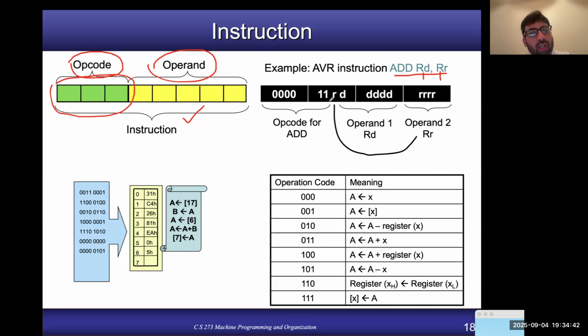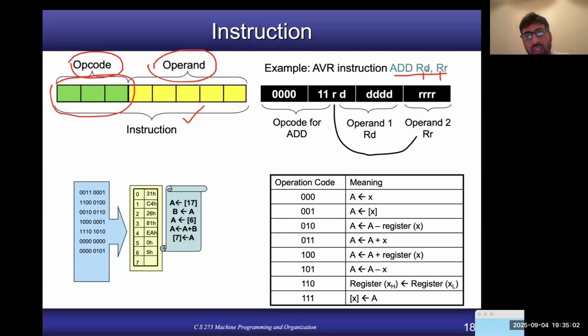It means the decoder identifies that this instruction is an add instruction, so the add operation needs to be performed. But then we also need the operands, the data objects on which we are going to perform the operation.